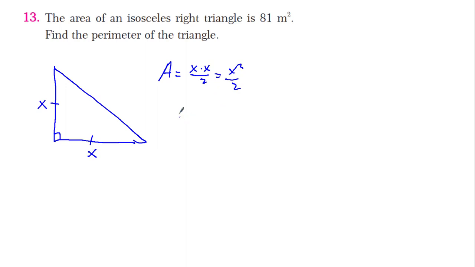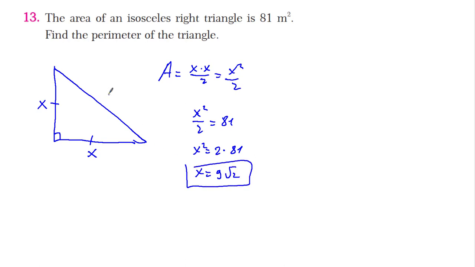That means x squared over 2 would be 81. x squared is 2 times 81. x would be in general plus minus root, but because we're talking only about distance, it's going to be only the positive case. So it's 9 root 2, the root of 81 times root 2.